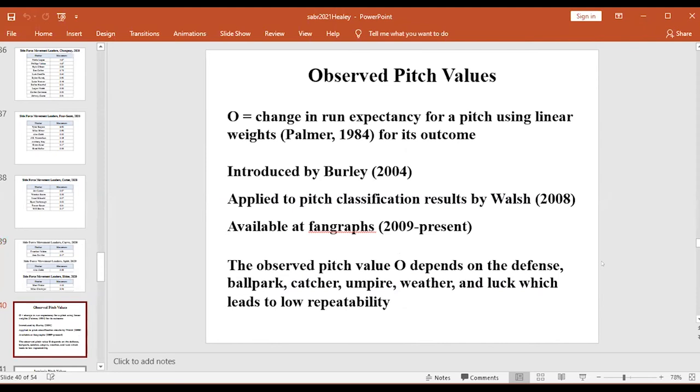Those are what you see on FanGraphs for pitch values. They give us the change in run expectancy for a pitch using linear weights. But the issue with observed pitch values is that they depend on a lot of factors that are beyond the control of the pitcher, which tends to give these values a fairly low degree of repeatability.